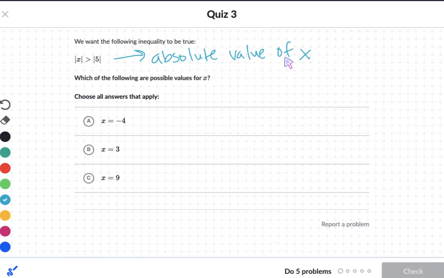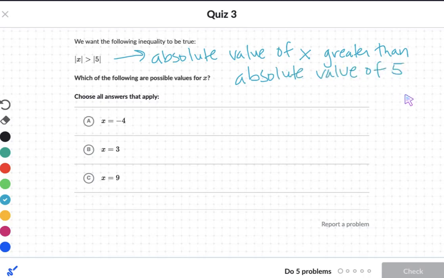And we want the absolute value of x to be, this is a greater than sign because I'm reading it from left to right, and I see the bigger side first. The absolute value of x greater than the absolute value of 5. So I'm just writing it out in words. That's all what that says. They want the absolute value of x to be greater than the absolute value of 5.